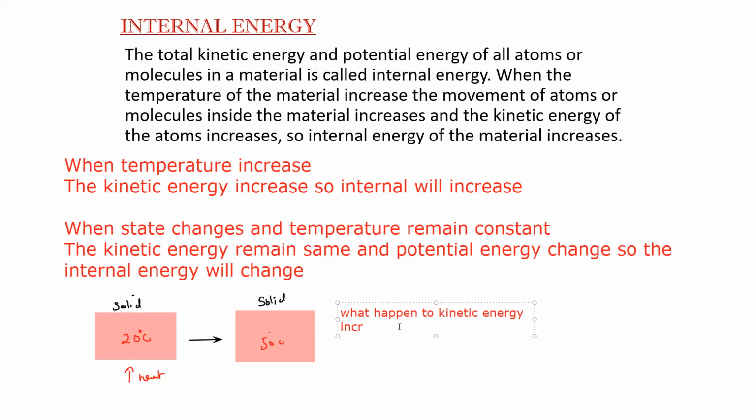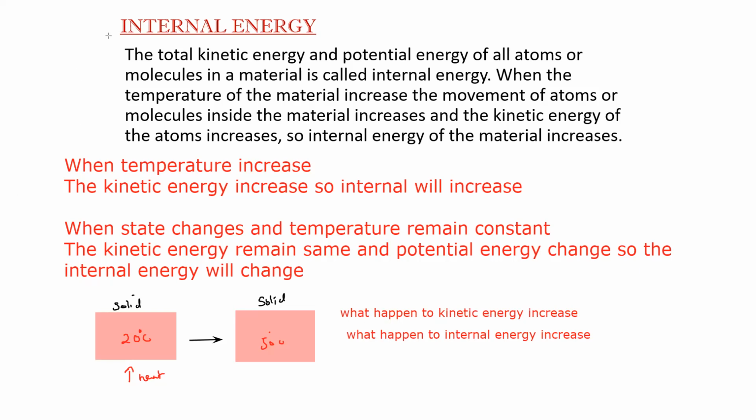If the temperature increases, the kinetic energy will increase. And what happened to the total or internal energy? The internal energy is a sum of kinetic and potential. Because the kinetic energy is increasing, the internal energy will also increase. So this is the first part. When temperature changes, the kinetic energy increases, so the internal energy will also increase.